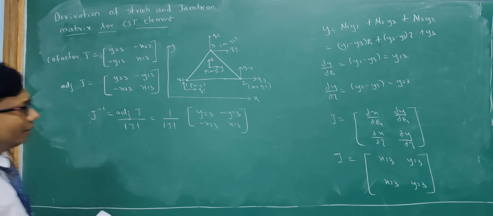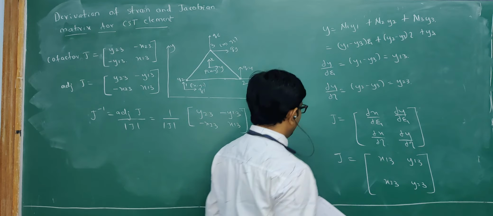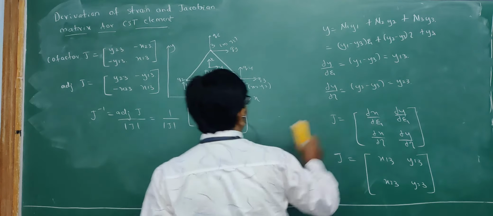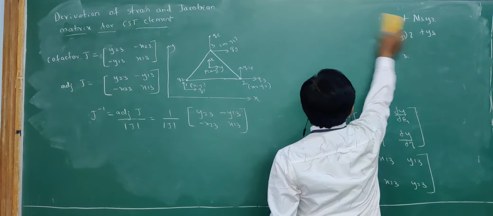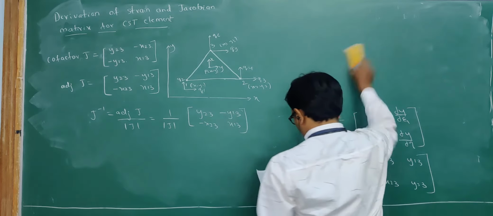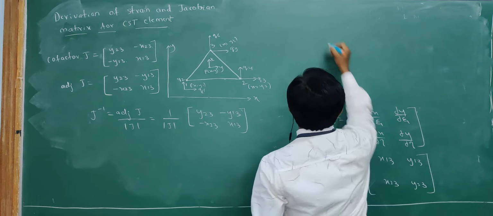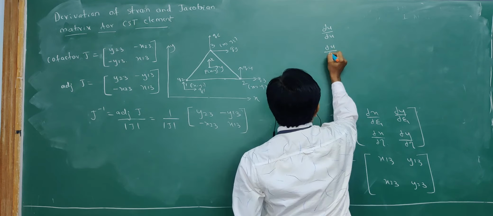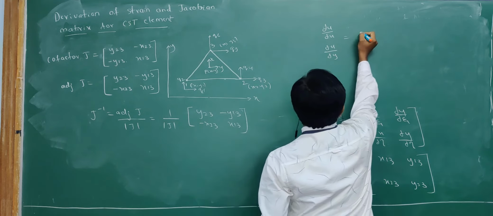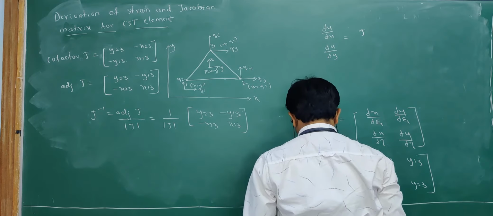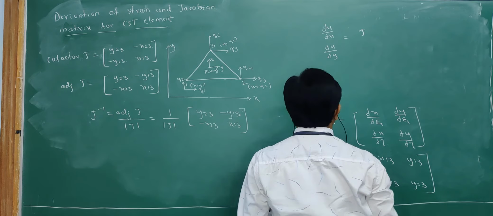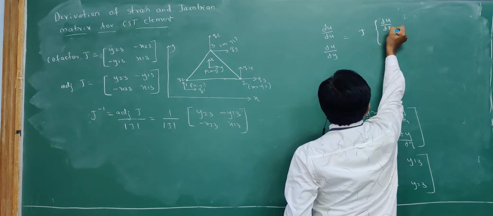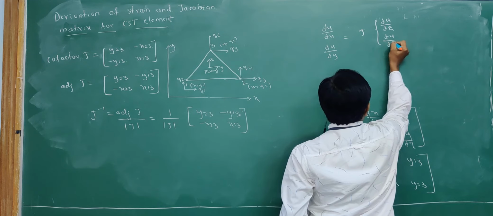So this is the J matrix. Initially, we required ∂u/∂x and ∂u/∂y, and we got the matrix J, and we had ∂u/∂ζ and ∂u/∂η.